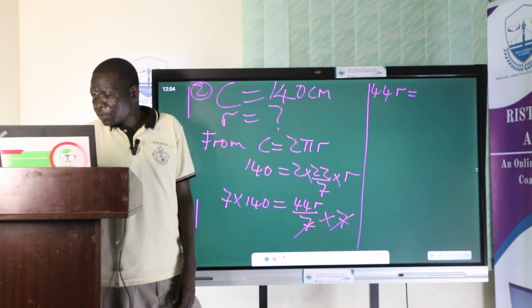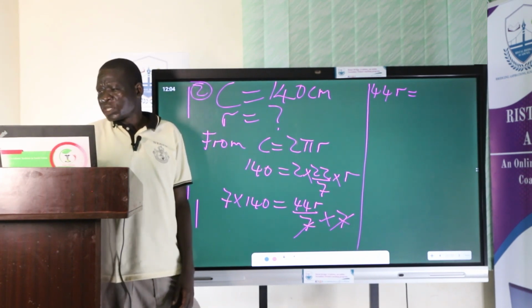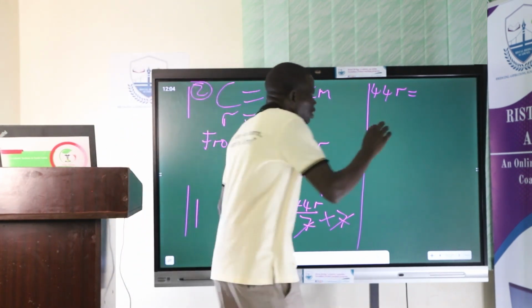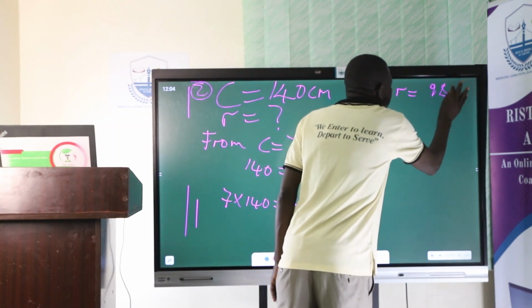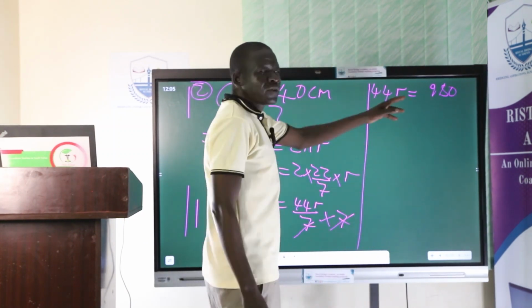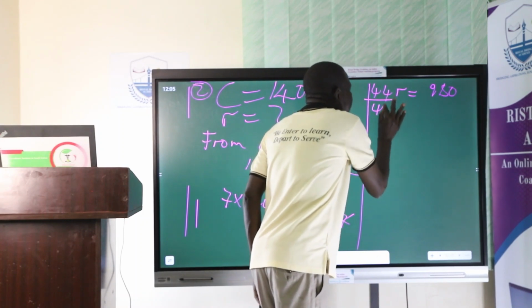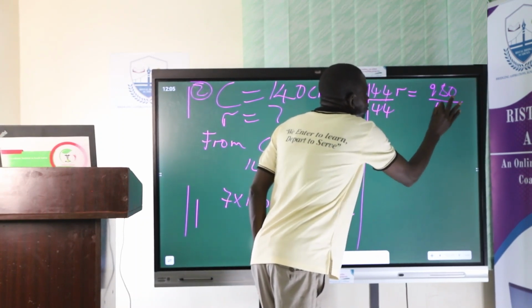To remain with the r, I divide both sides by 44. So that our r will give us 980 divided by 44.